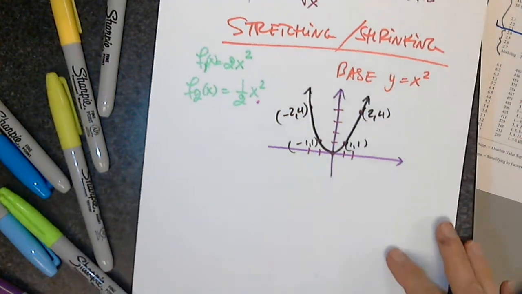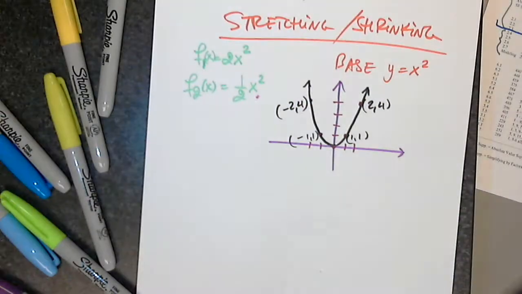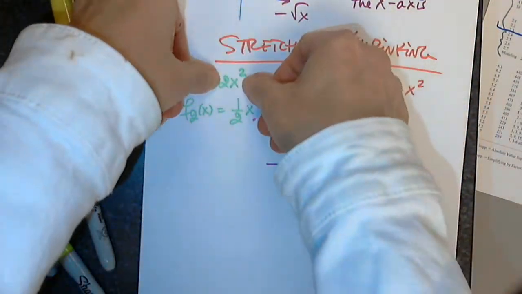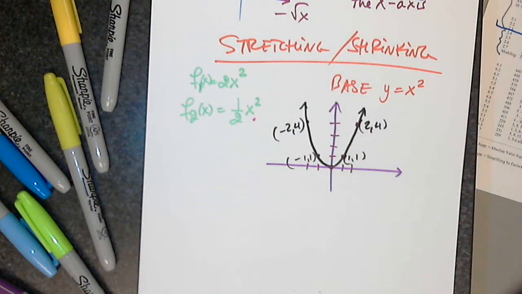Very good. So now, first of all, let's identify what type of transformation it is. Is it on x or is it on y? We have to compare x squared to 2x squared and say whether it's a transformation on x or on y. Yes. Why is it on y?